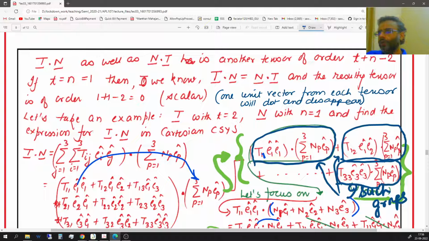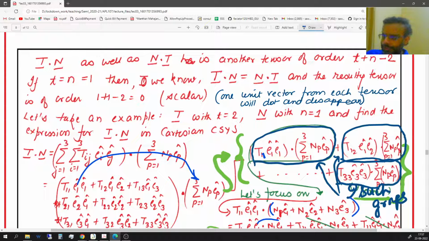And again, I want to remind you that since we are going to let these two tensors mingle with each other, I have made sure that i and j are being used here to represent the first tensor. For the second tensor, I am using an index which is different from i and different from j.